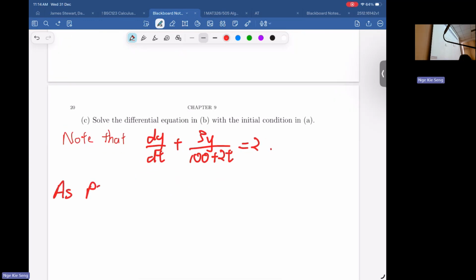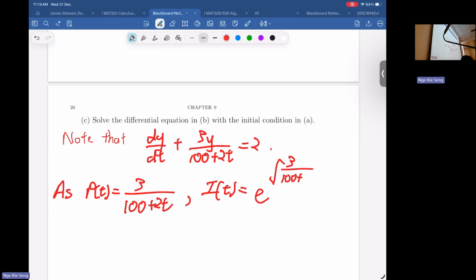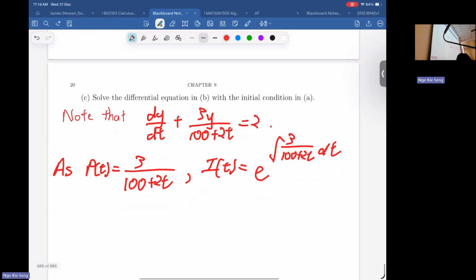So we have our p(t), which is 3 over 100 plus 2t. In that case, our integrating factor will become e to the integral of 3 over 100 plus 2t dt. To do this, you just use substitution, and then you get e to the 3 over 2 ln of 100 plus 2t.